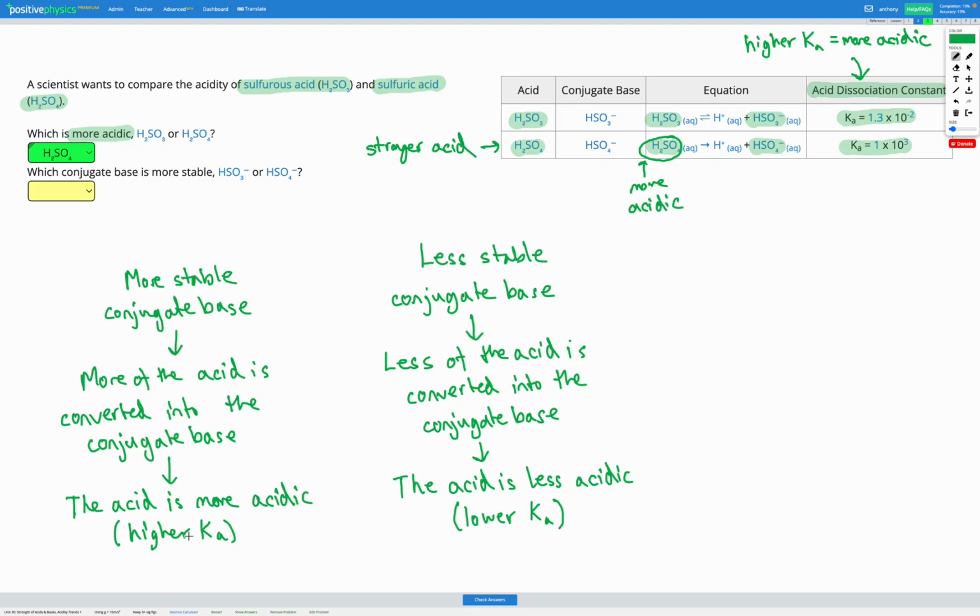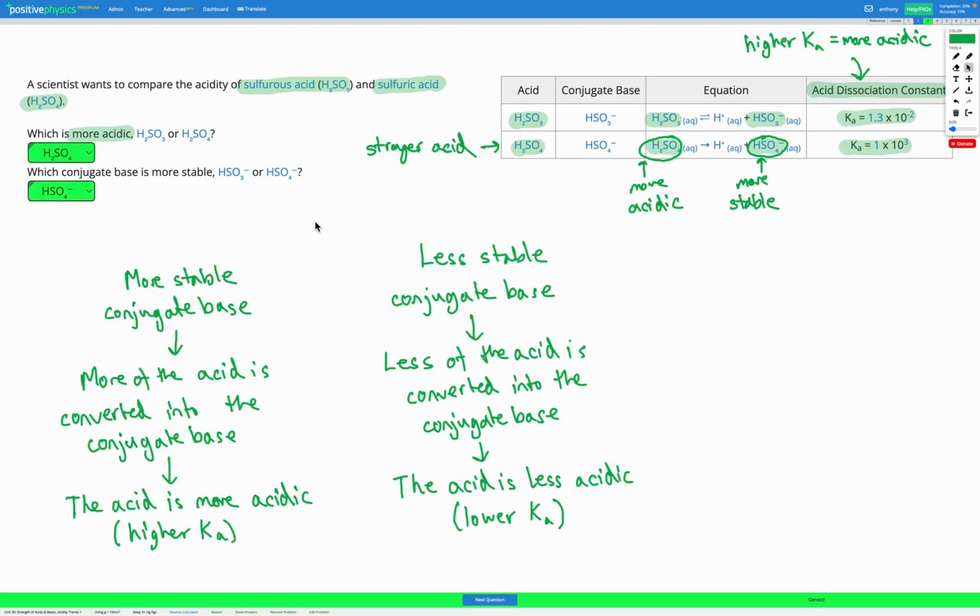And according to what we learned here, if the acid is more acidic, the reason why is that the conjugate base is more stable. That's the reason why more of the acid turns into the conjugate base, because that conjugate base is stable. So for H2SO4, it's more acidic, and therefore our conjugate base must be more stable. So HSO4 minus is going to be our more stable conjugate base.